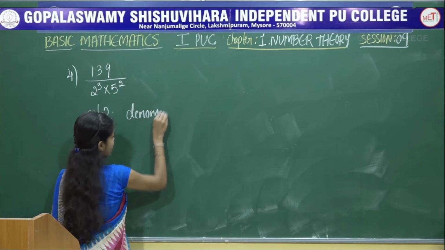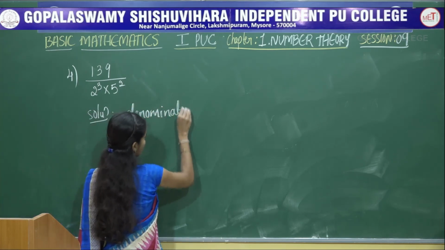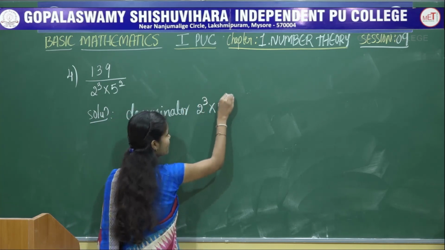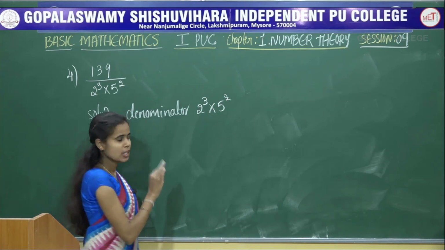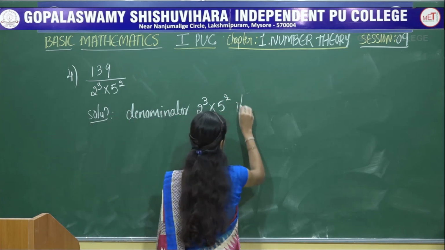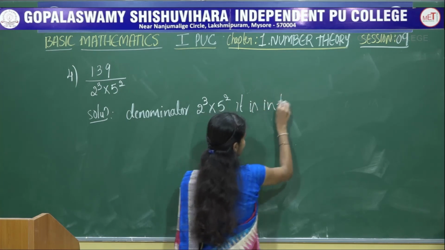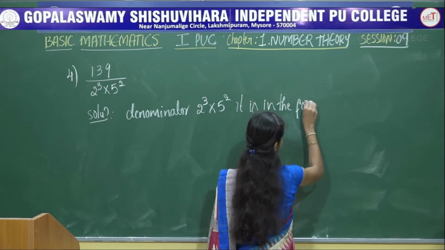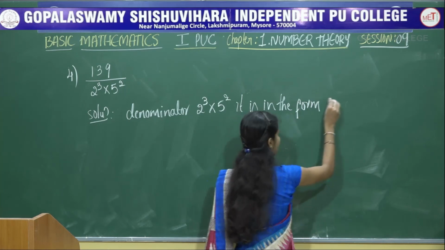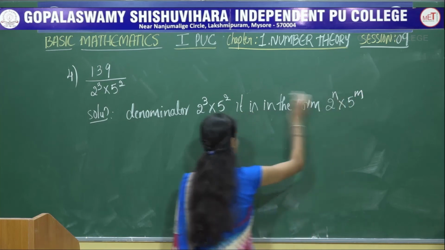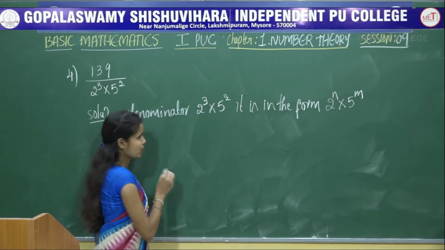The denominator is 2 to the power of 3 into 5 square. Already it is in the form of 2 to the power of n into 5 to the power of m. Here n value is 3, m value is 2.